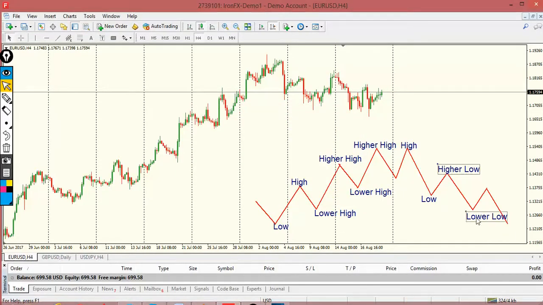Okay, so in that order, we had another higher low here, another lower low here, completing the whole thing.